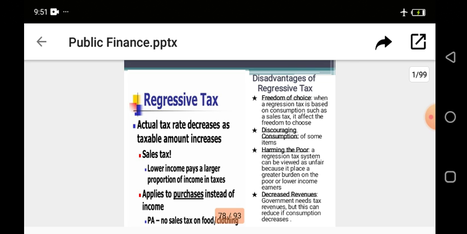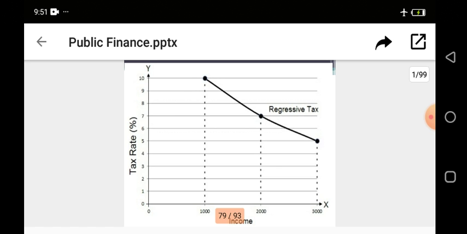So, as you can see in this diagram, your regressive tax system is just like your demand curve, which has a negative relationship between the tax rate and the income. So as your income increases, as you can see, from 1,000 to 2,000 to 3,000, your tax rate is reducing.